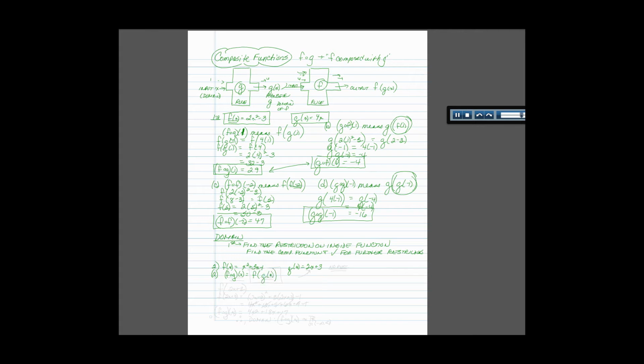Now this can be a little bit trickier. So we want to know f of g of x. So start with the inside. The inside function here is the g of x. So what I really want is I want f of 2x plus 3. I took out this g of x and put in that. Okay, well I can go now to my f function, and everywhere there is an x, I'm going to put in 2x plus 3.